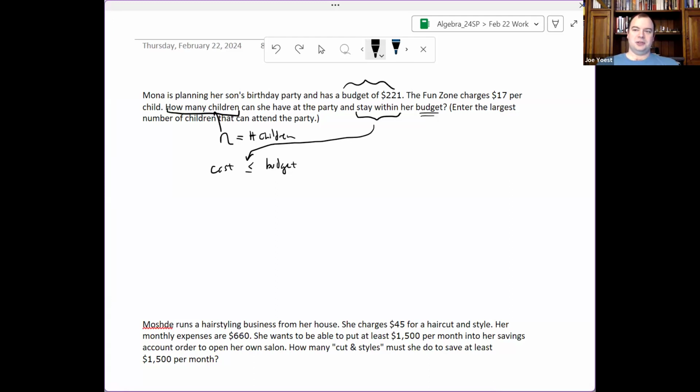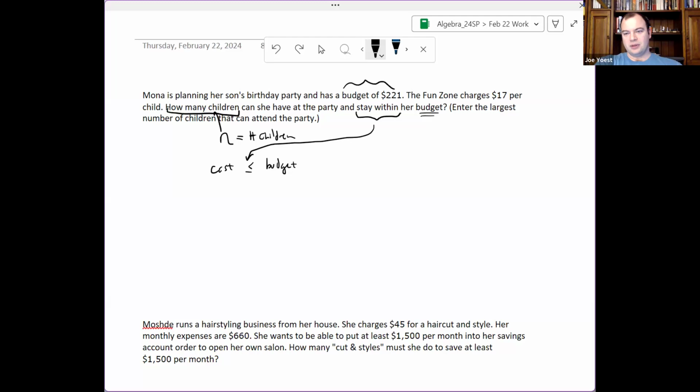So in this case, stay within is the pair of words, the two words that describe the relation between these two ideas: how much she's actually going to spend and how much she had budgeted to spend. And she needs to invite no more children than she can, such that the amount that she is going to spend has to stay less than the budgeted amount.